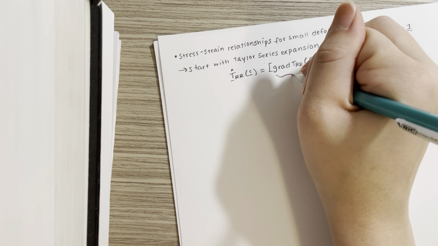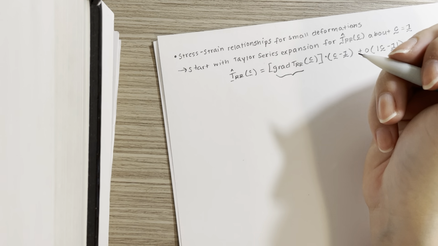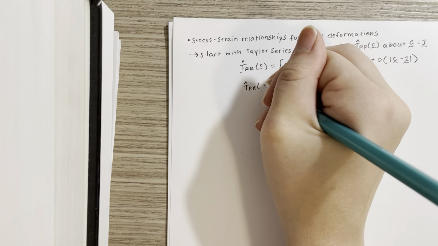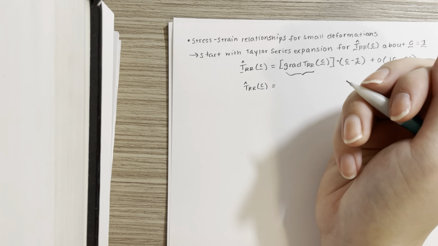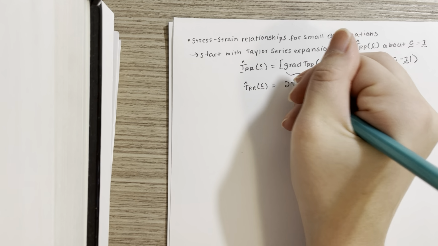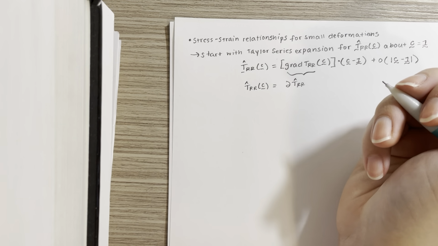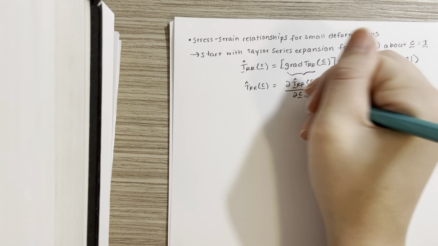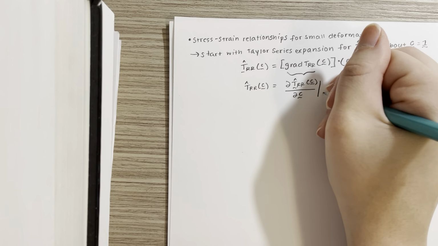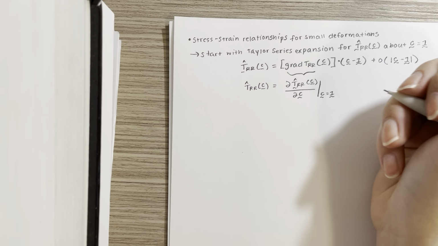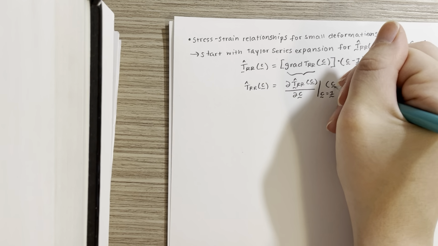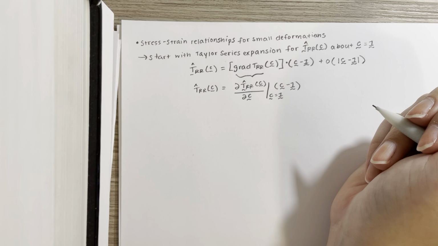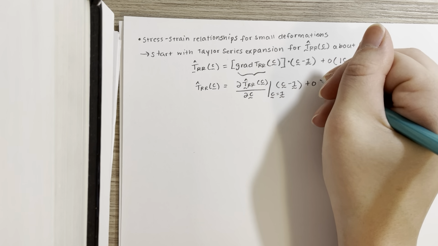And if we expand out what our grad of T_RR is, we have T_RR hat of C is equal to del T_RR hat of C over del C, evaluated at C equal to 1, times C minus I. And then again, we have some higher order terms.